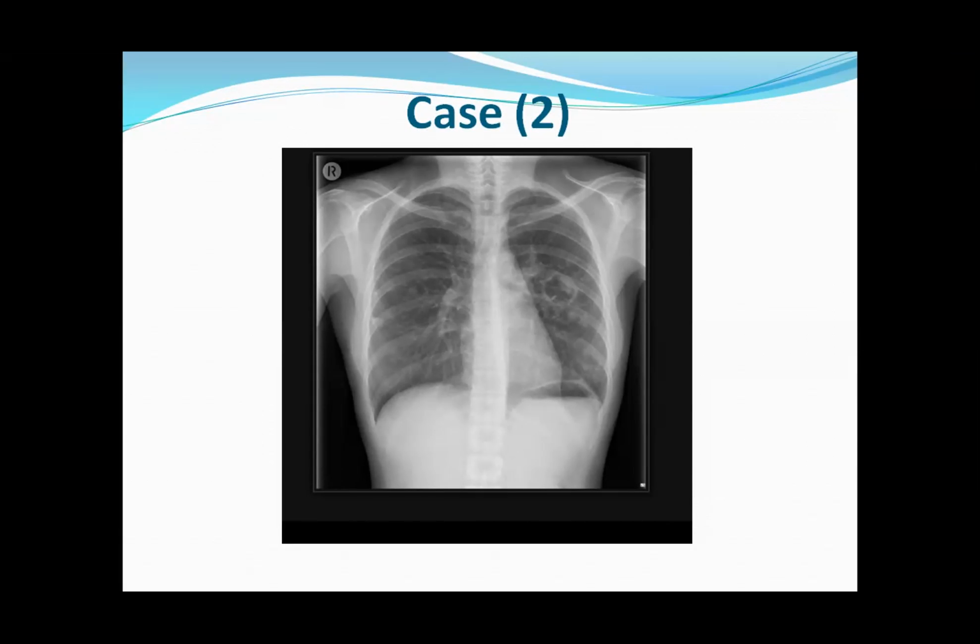TB would show the fibrocavitary changes, bronchiectasis, pulmonary fibrotic changes, then bilateral hilar adenopathy, maybe present multiple tiny calcific foci of granulomas.